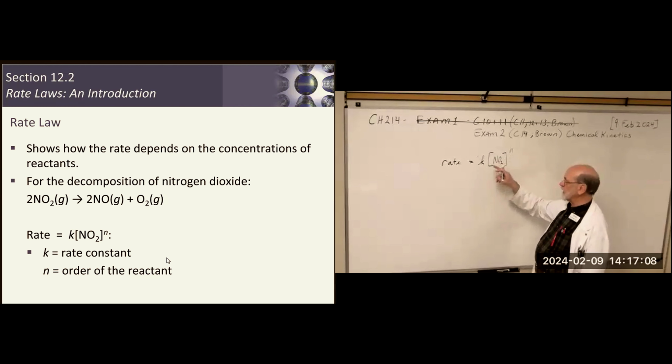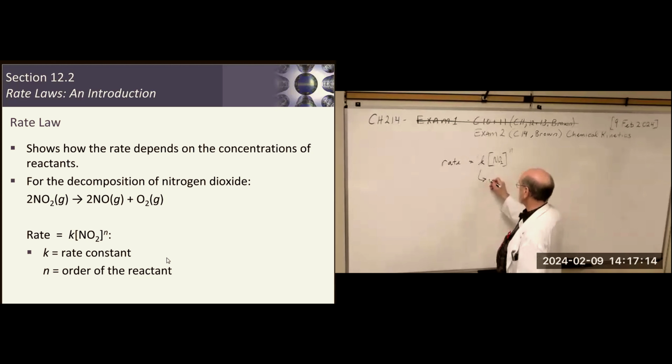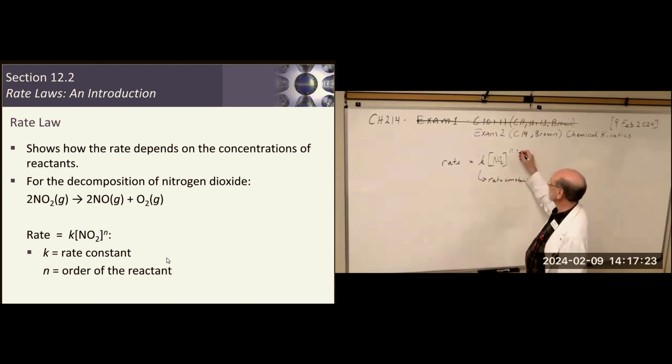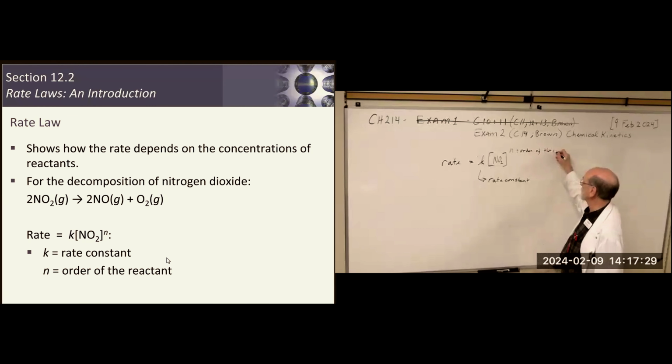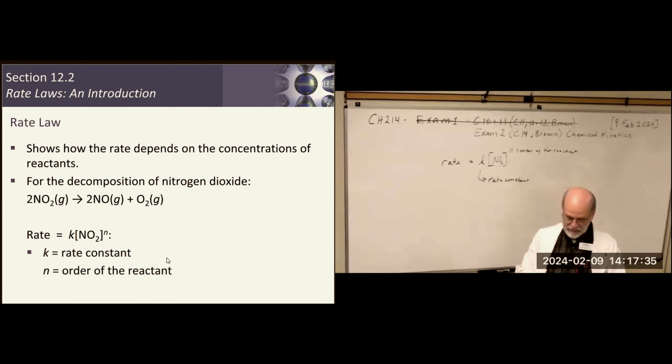But these are both experimentally determined. And while this is the rate constant, n is the order of the reactant in this case. Like I said, it has to be experimentally determined.